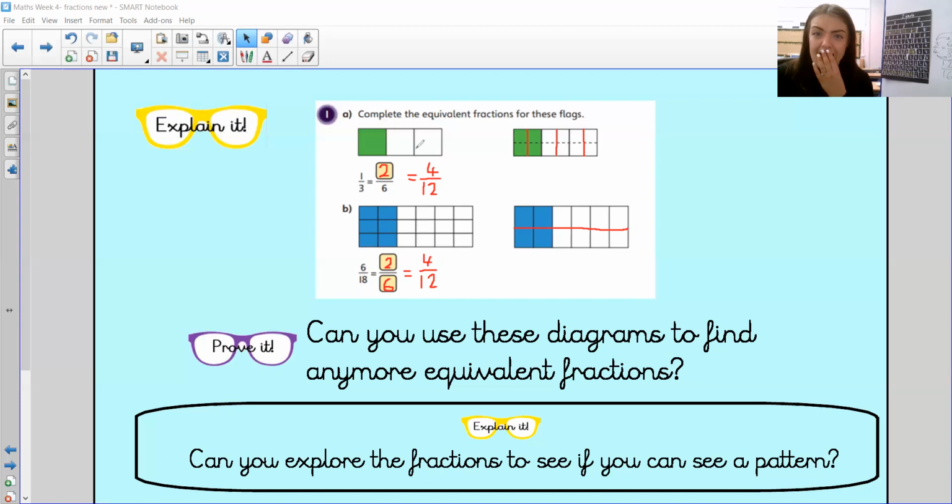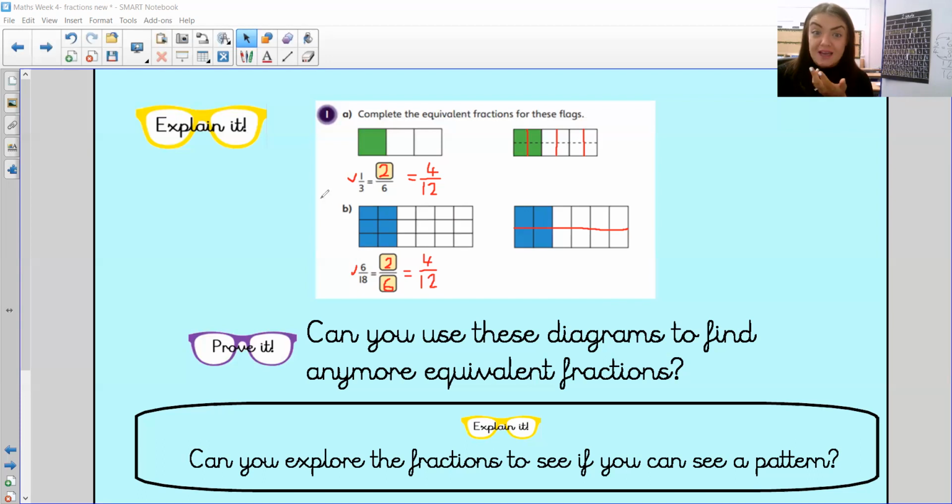Oh, I'm starting to see a bit of a pattern here. Look at this. So 1/3 is equal to 2/6, but so is 6/18 also equal to 2/6, and they're both also equal to 4/12. So what could you probably say about 6/18 and 1/3?